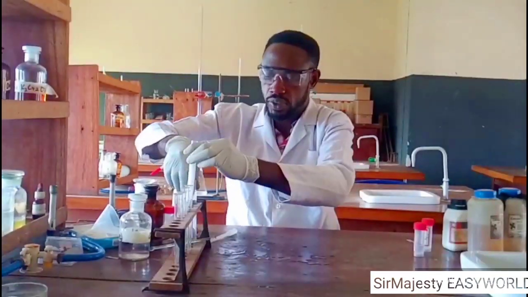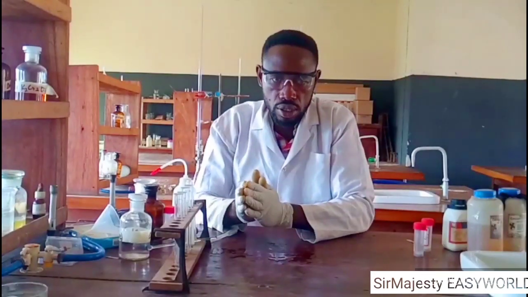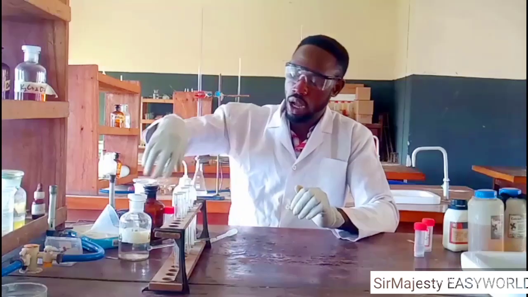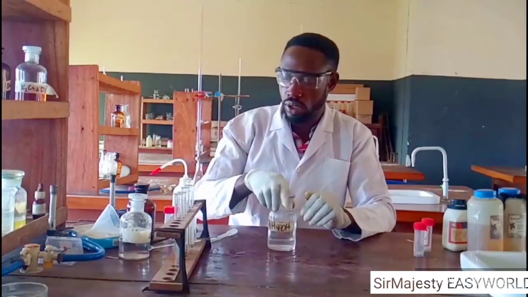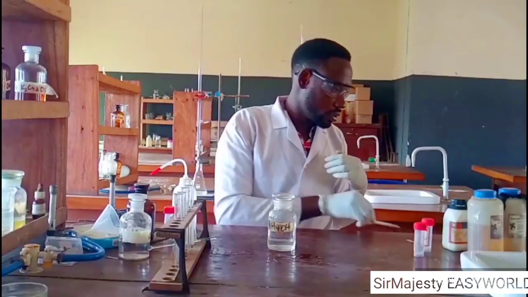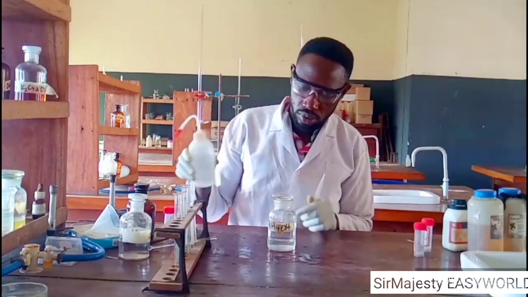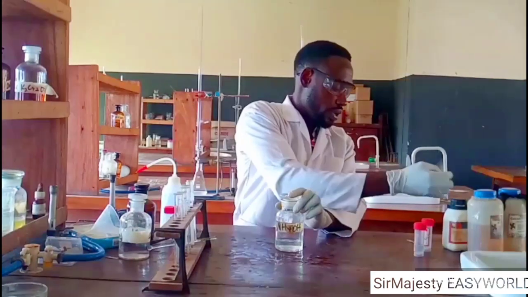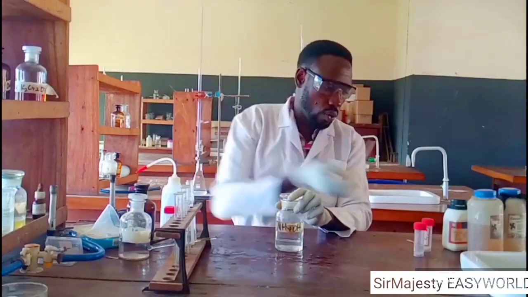Secondly, you might be told to repeat exactly what I did now with aqueous ammonia in each case. So let us see what happens when I repeat the same process using aqueous ammonia. This is my aqueous ammonia. I want to rinse the dropper, possibly use more than one.